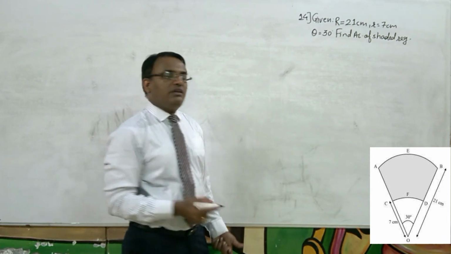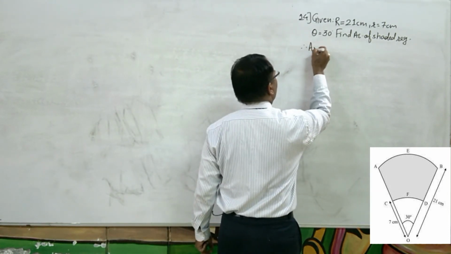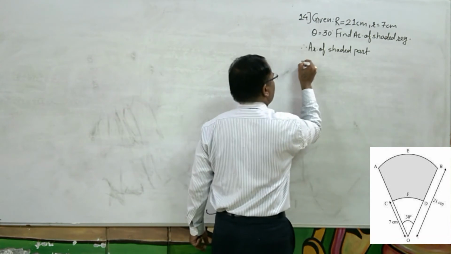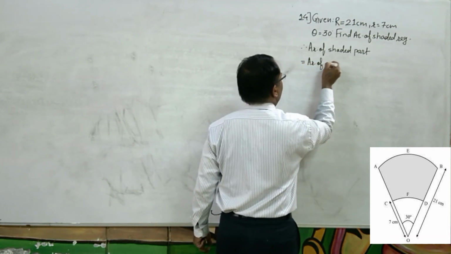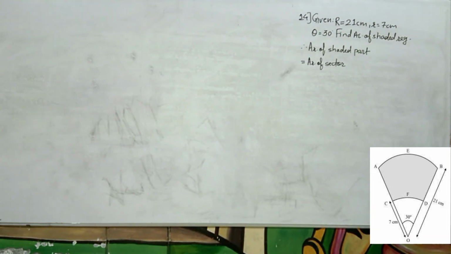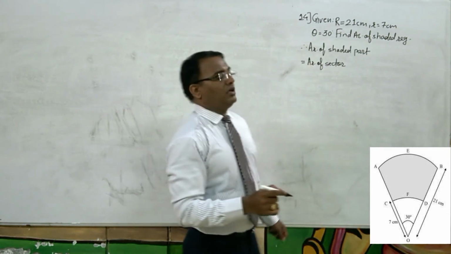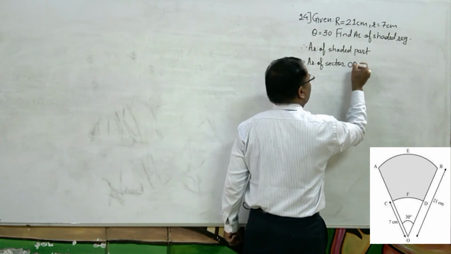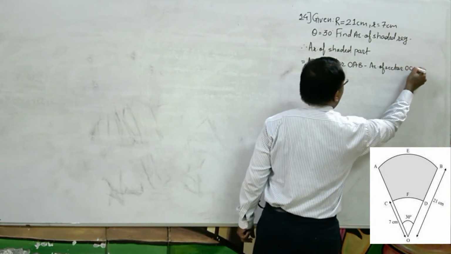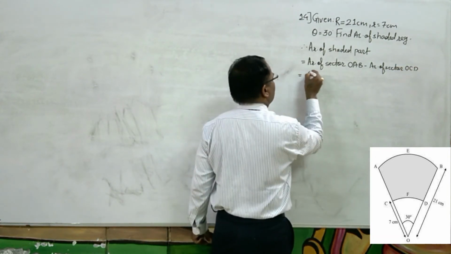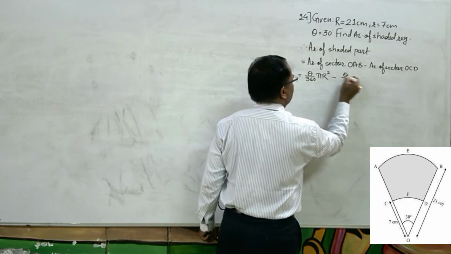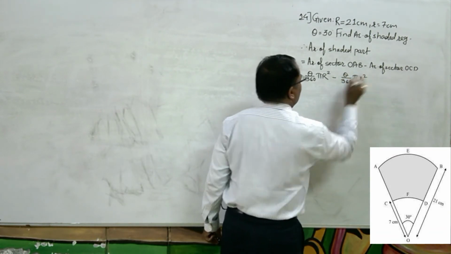Is that okay? Now how will we find it out? Very simple. Therefore, area of shaded part is equal to area of sector OAB minus area of sector OCD, which is nothing but theta upon 360 into pi capital R square, minus theta upon 360 into pi small r square.